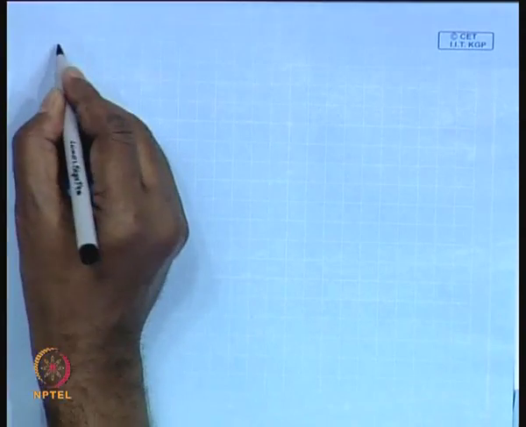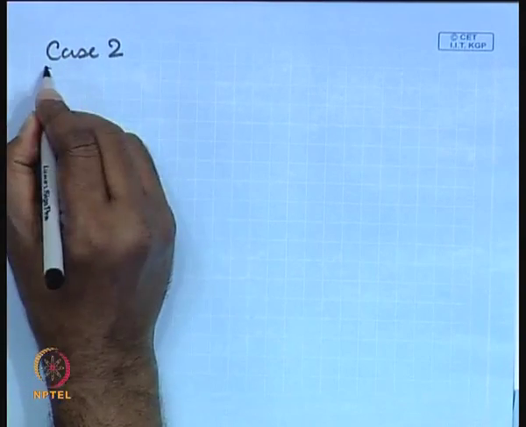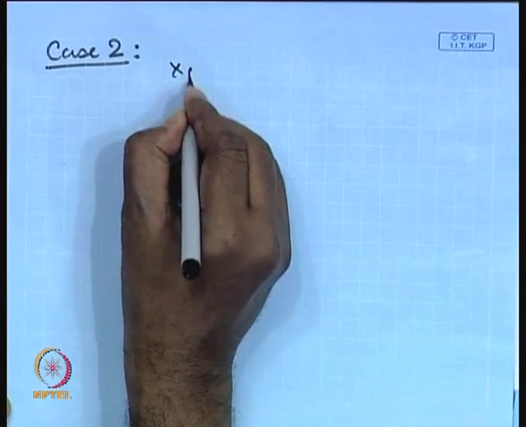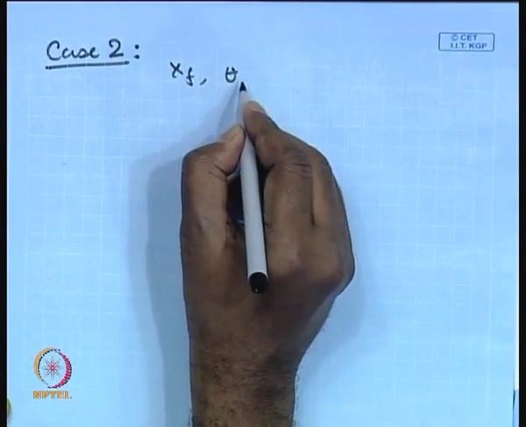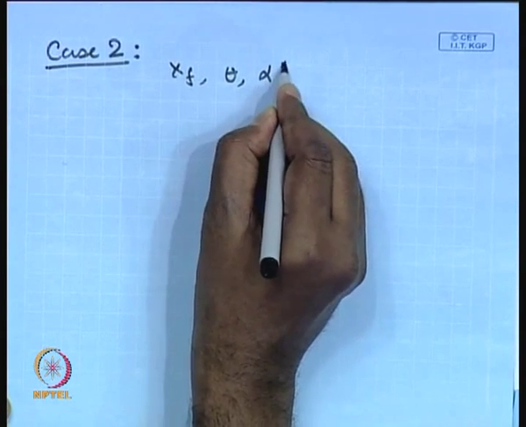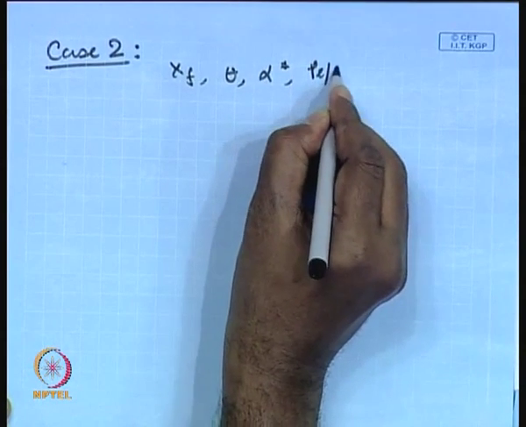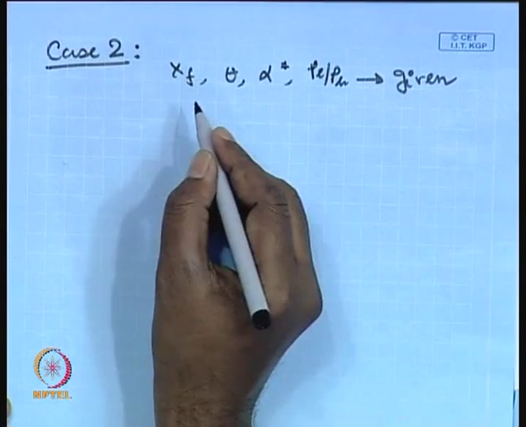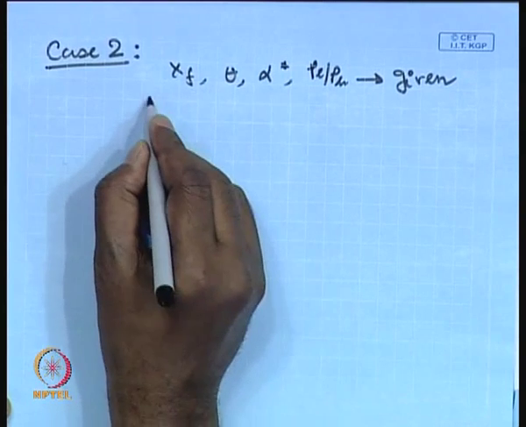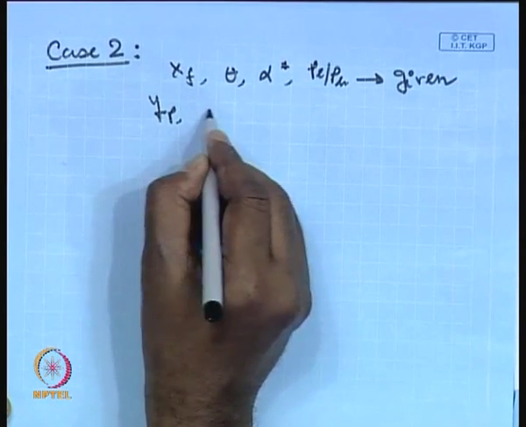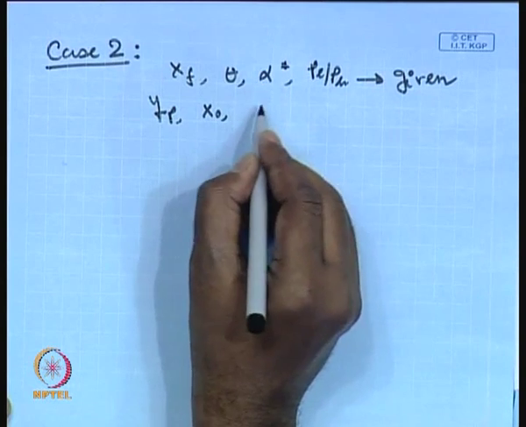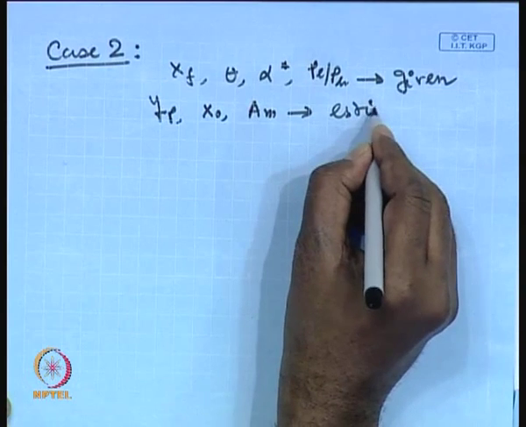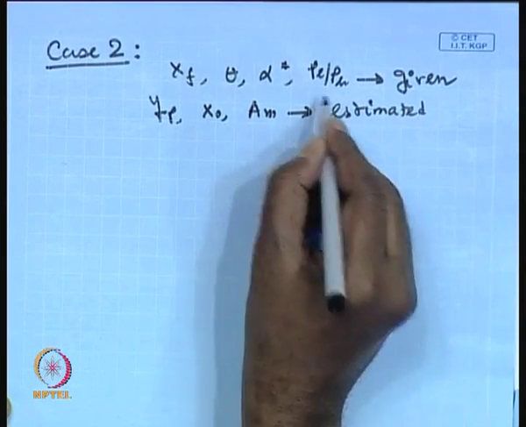In the next case that we will consider, case number 2, what will that be? In this case, xf is given. Out of the 7 parameters, xf, theta, alpha star, and PL by PH are given. These 4 parameters are given, and we are going to estimate the permeate mole fraction, the mole fraction in the reject stream, and the membrane surface area that is required.